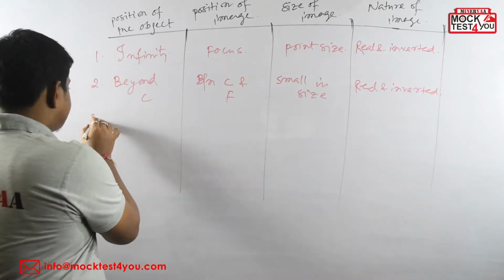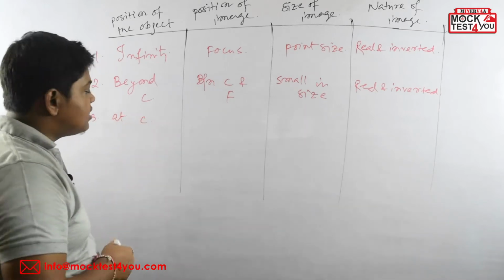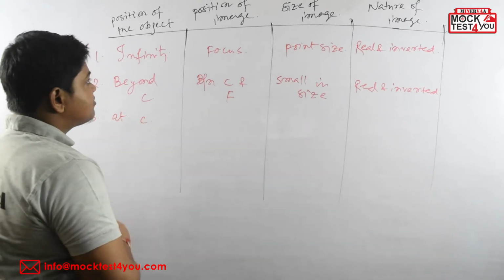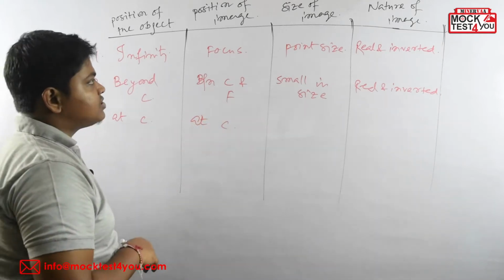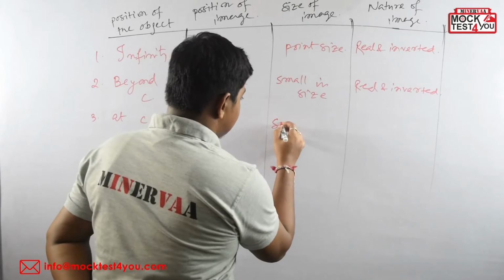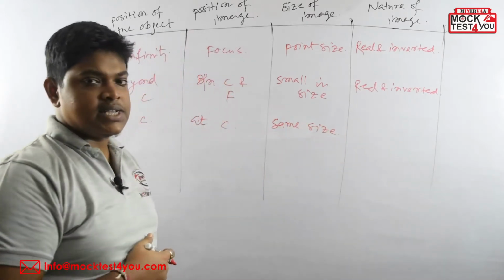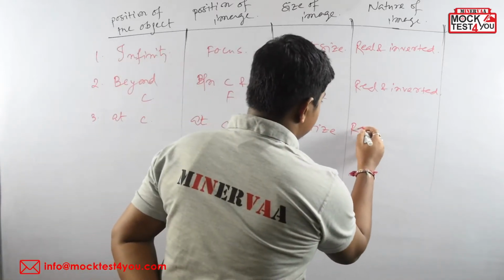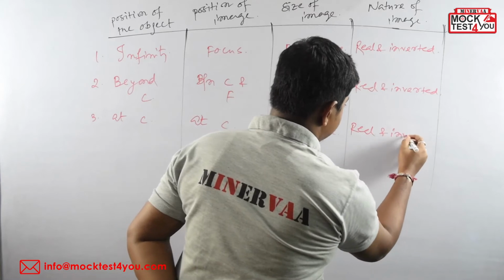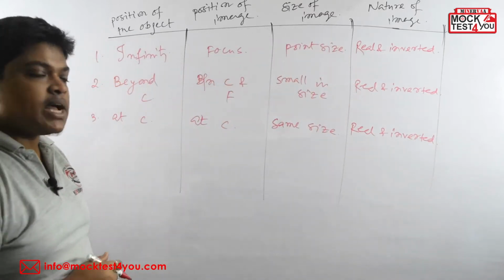Now this is the third case where we have placed the object at C, the center of curvature. If you place the object at the center of curvature, you get the image at C, at the center of curvature. The image is of the same size as the object, and in this case the nature of the image will be real and inverted, right? The nature of the image is the same.